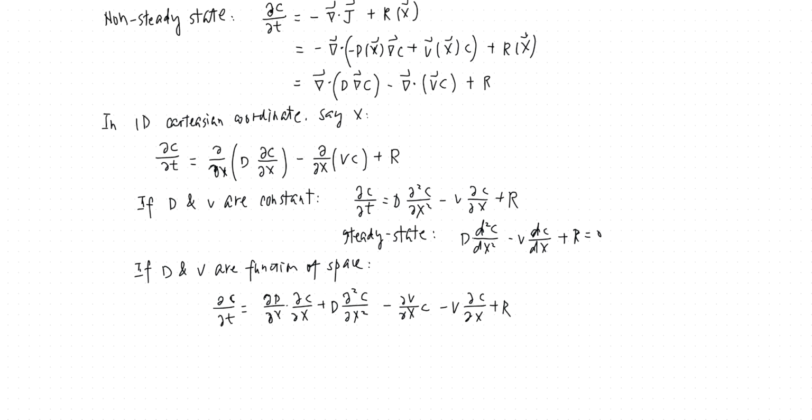And these terms are the same as in the constant D and V formula, but you have two additional terms. These two additional terms come from the fact that the diffusion coefficient and velocity are functions of space.